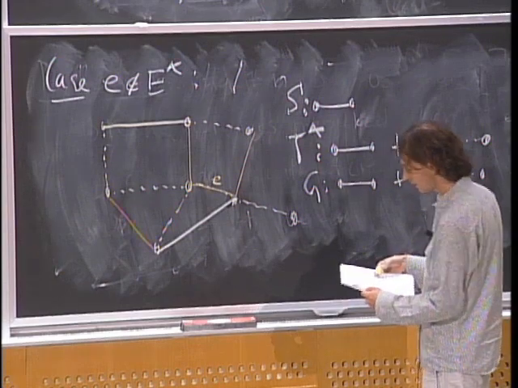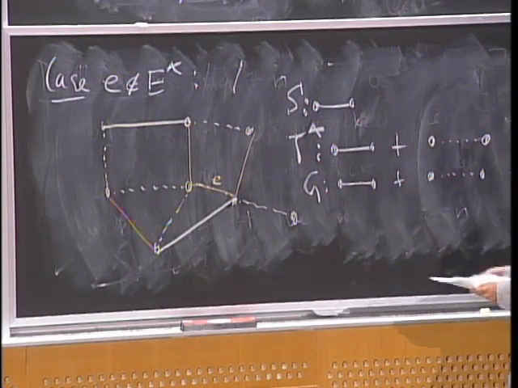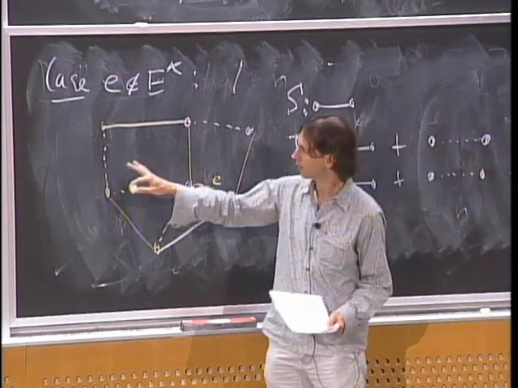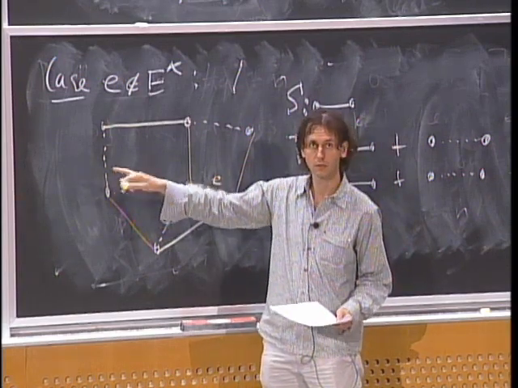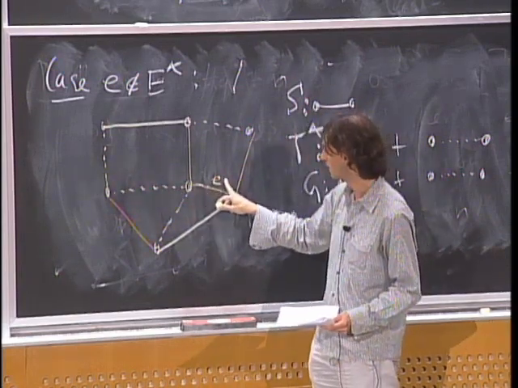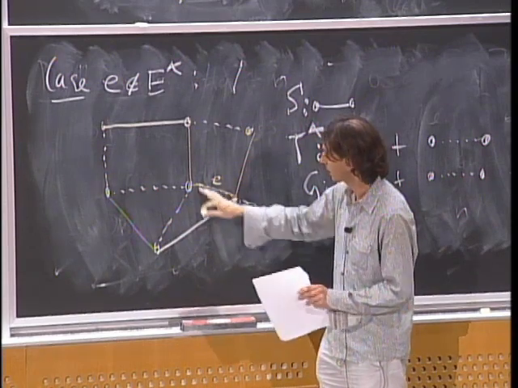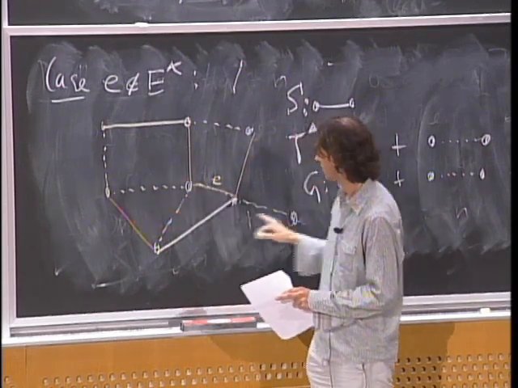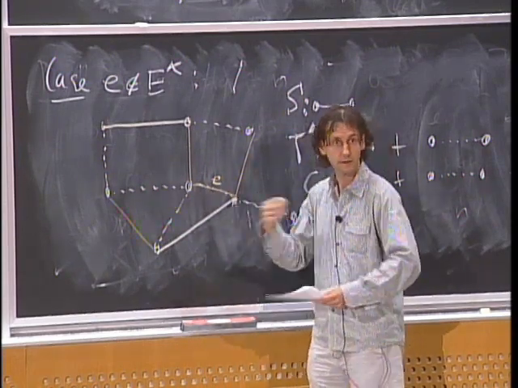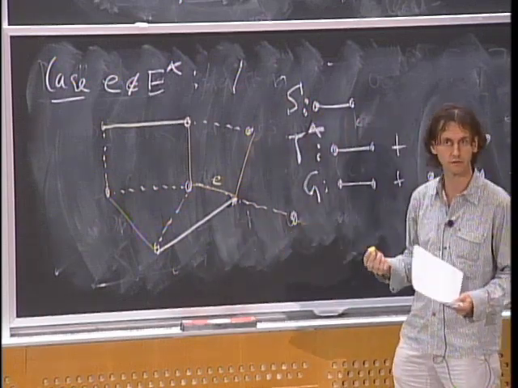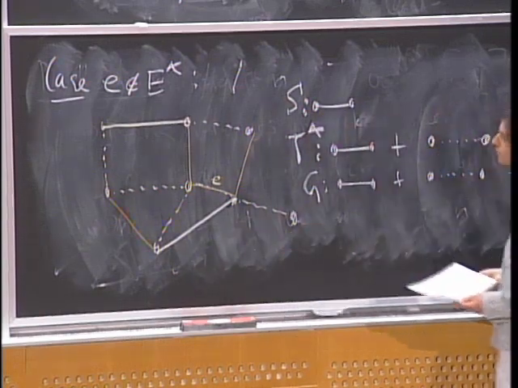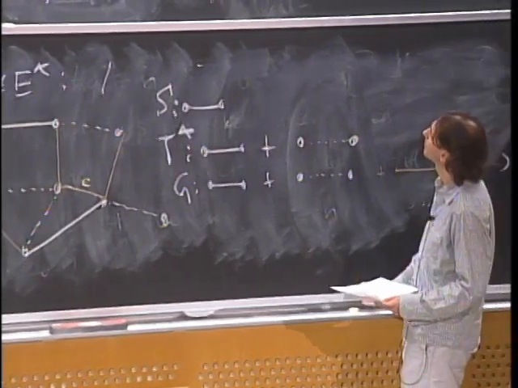Well, the idea is that we want to recreate a new tree in which we somehow exchange one of the edges in T star with E, and still maintain the minimum spanning tree property. So how can we prove this?